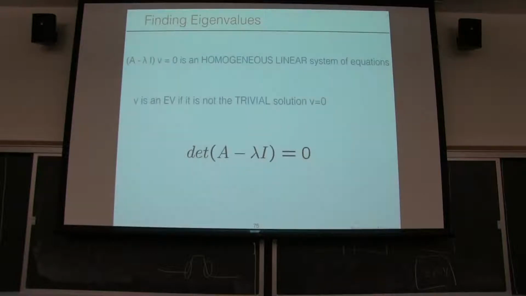And that gives me what's called the characteristic equation of the matrix A: the determinant of A minus lambda I equals 0. That's a polynomial, of degree equal to the dimension of the matrix, in the variable lambda. I can set that to 0 and solve for lambda, and that will give me the eigenvalues of the matrix, right?